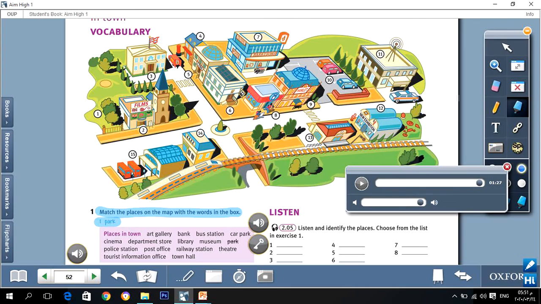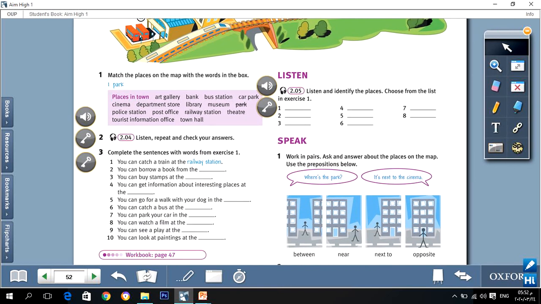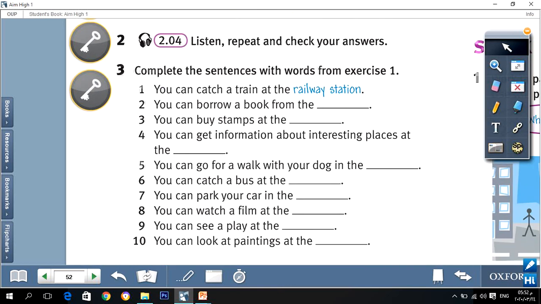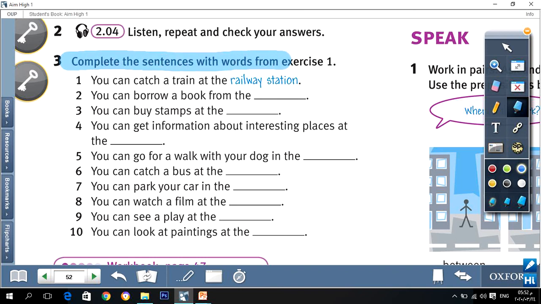Okay, my dears, let's go to the next exercise. It is to complete the sentences with the words from exercise number 1. I am working here now. Number 1, we need to guess what places they are talking about by reading the sentences to know what these things are.